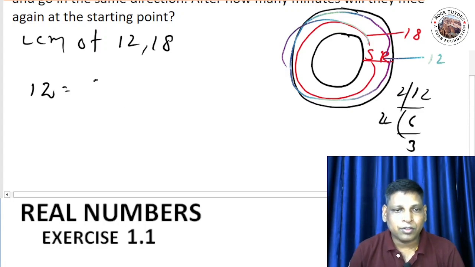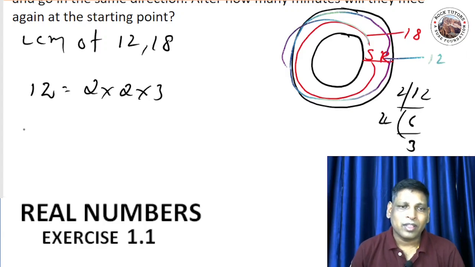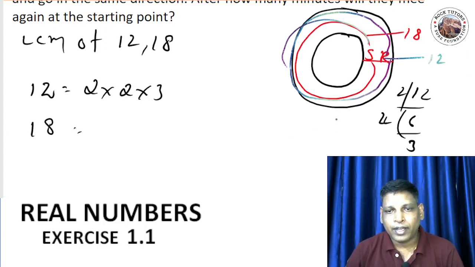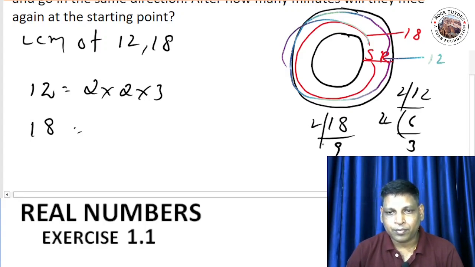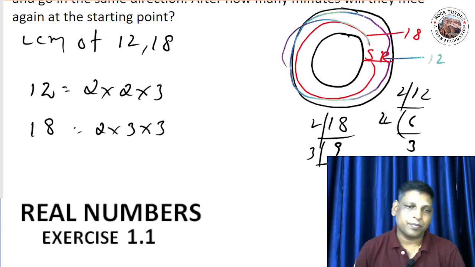That means 2 into 2 into 3. Now 18: 2 times 9, 9 is 3 times 3. So 2 into 3 into 3.